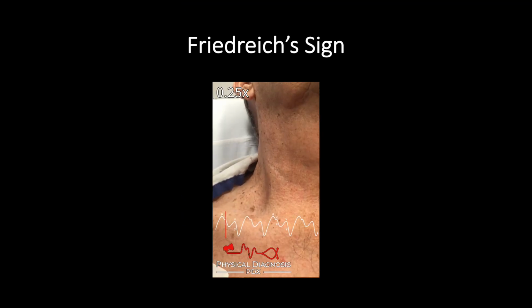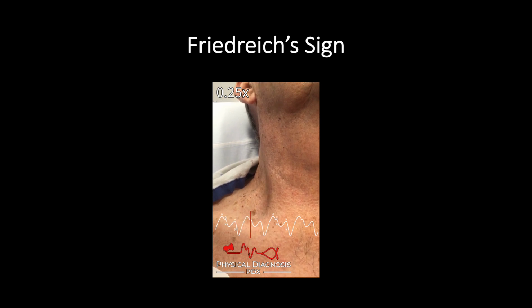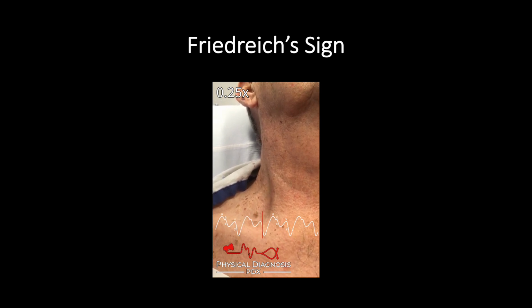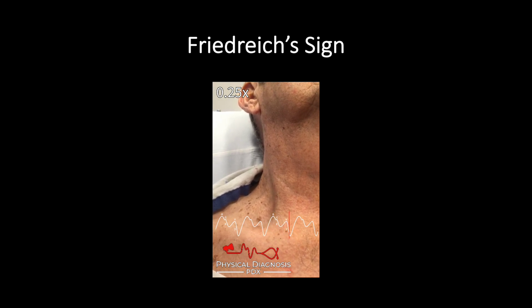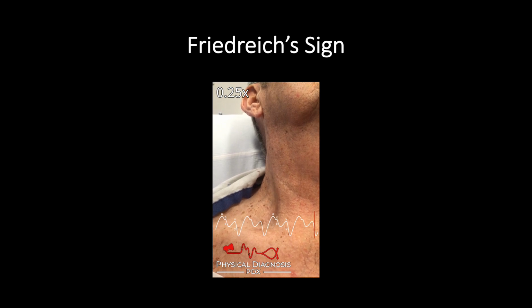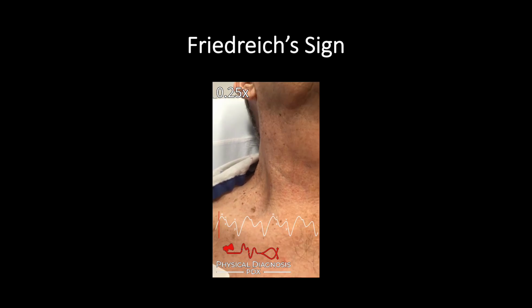Demonstrated in the video is a sharp and deep Y descent, known as Friedreich sign, which is often seen in patients with constrictive pericarditis or restrictive cardiomyopathy. Remember that the normal jugular venous waveform is characterized by an X descent that is more dominant than the Y. This patient developed transient constrictive pericarditis following an admission for a bloody pericardial effusion of unknown etiology.